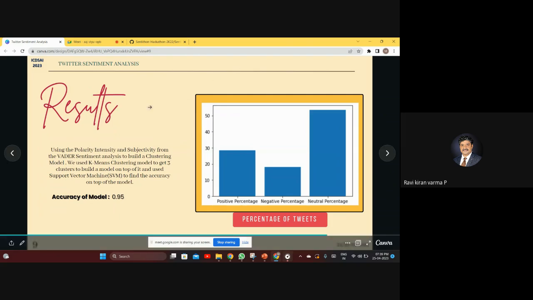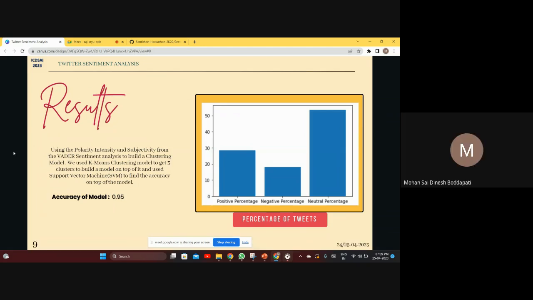How many features are there? There is only one feature, that is the tweet, and other features that we have collected are polarity and subjectivity for each tweet. Then our output label is our class, that is 0, 1, or 2, where 0 means positive, 1 means negative, 2 means neutral. So based on these features, we have built an SVM classifier.